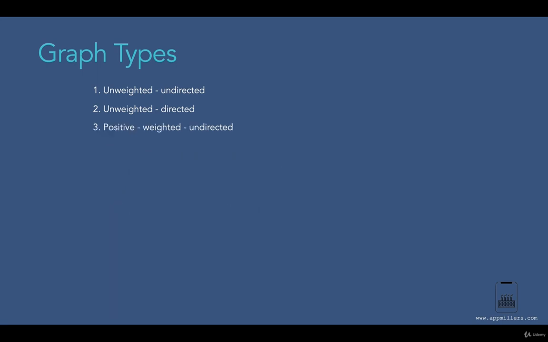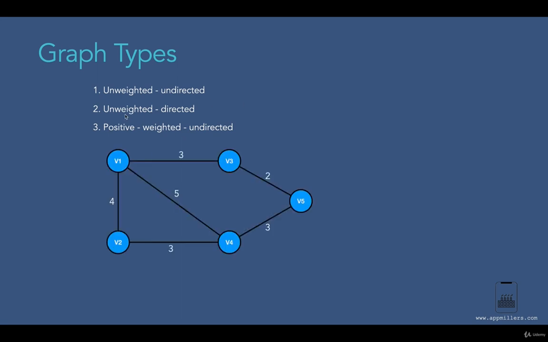The next type is positive weighted undirected graph. In this case, positive means that the weights associated with the edges are positive, so we don't have any negative number. That's why this graph is called positive. We can easily see that we have weights associated with the edges, so this means that this is a weighted graph, and we don't have any direction in this case.